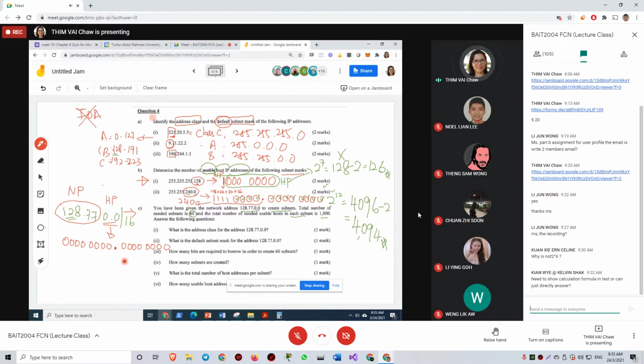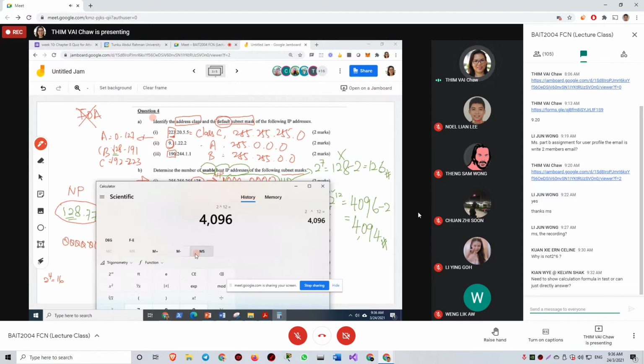Now, when you borrow bits, as I mentioned, you need to borrow starting from the bit near your network portion. So you borrow 1, 2, 3, 4. Is 4 enough? Cannot, because 2 to the power of 4 is only 16. So I need 4, 5, 6.